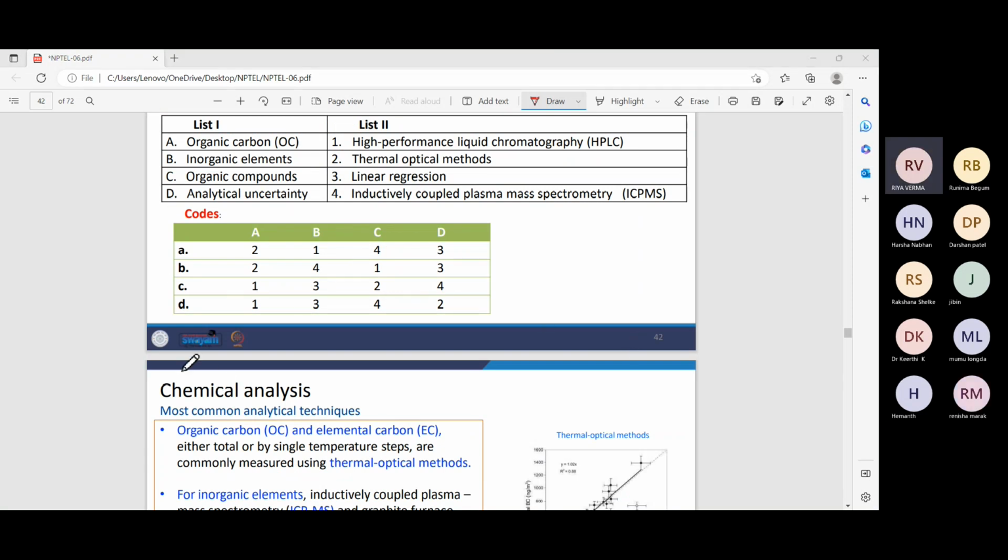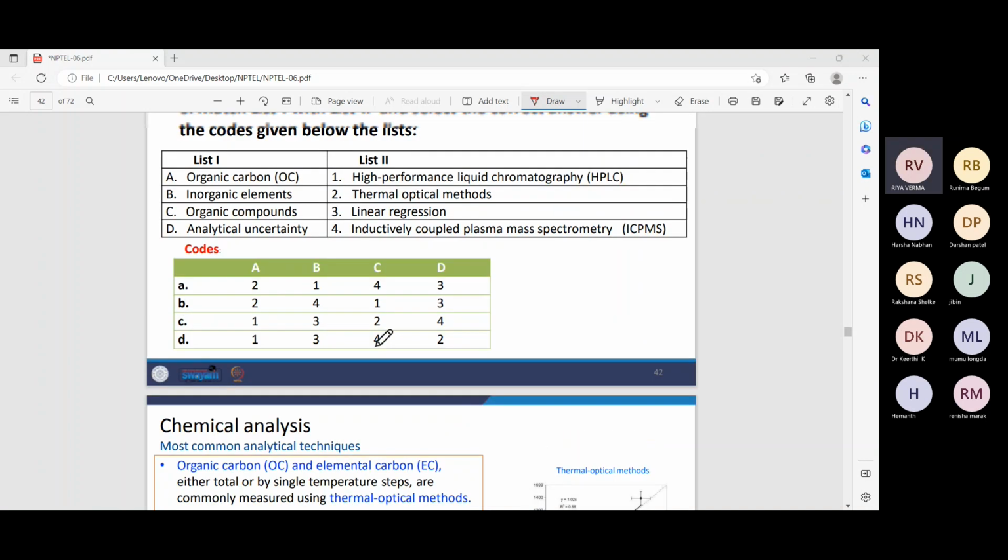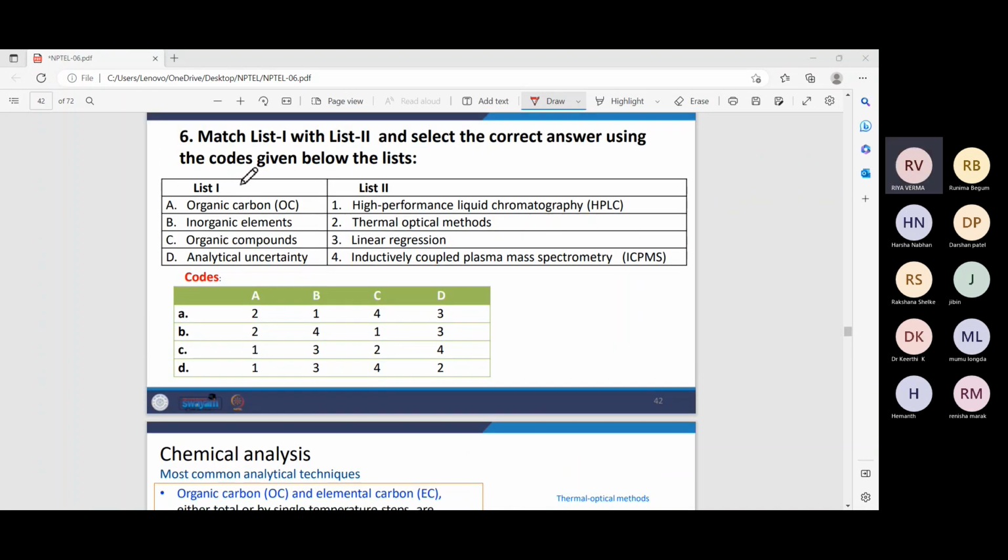Okay, so for organic carbon and elemental compounds, either total or by single temperature steps, they are commonly measured using thermal optical methods. So for organic carbon, we have thermal optical methods. If it's 2 for A, then definitely D will be 3, right?